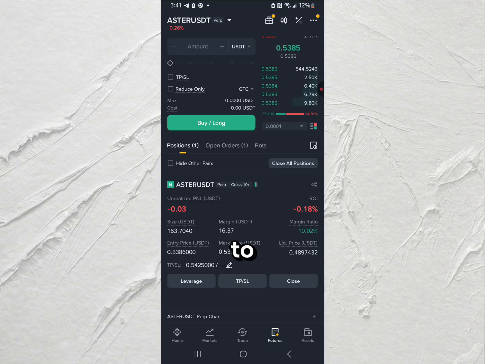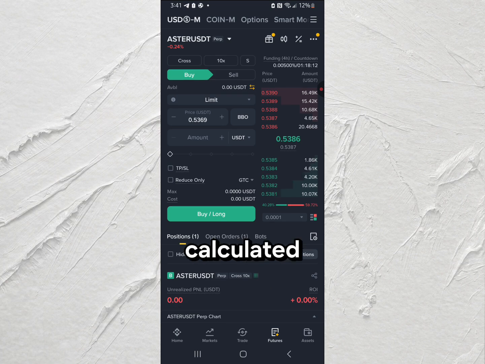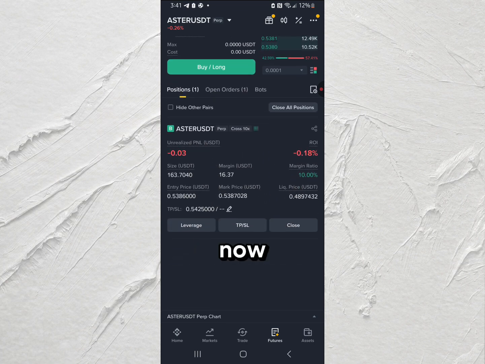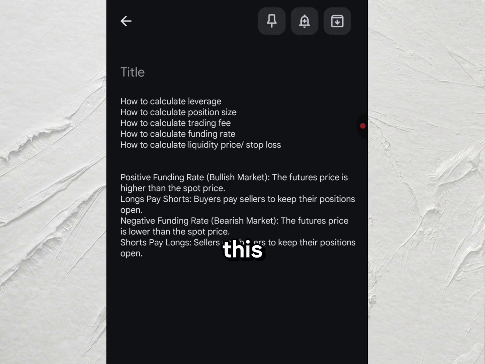And let's go over to the funding rate. Let me show you how the funding rate is calculated, because our funding rate is kind of similar to trading fee, but the only difference is that the funding rates are paid to traders. This is how the funding rates are paid to traders.